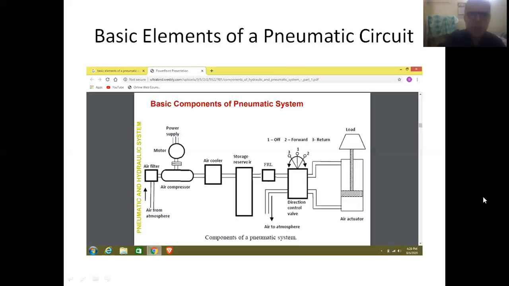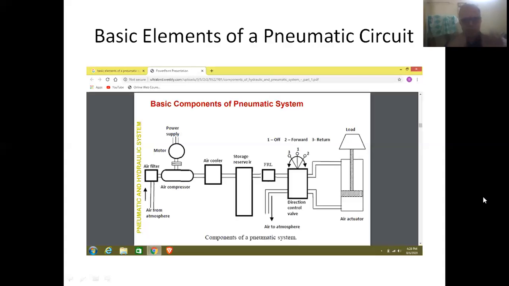This is called the inlet port of the DC valve, here we have the first outlet port, this is the second outlet, and this is called the exhaust port of the DC valve. So friends, it has one inlet, two outlets, and one exhaust, 1 plus 2 plus 1. So in total it has four ports, and therefore it is referred to as a four-way DC valve.